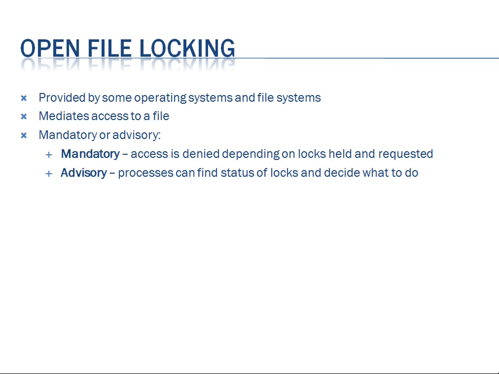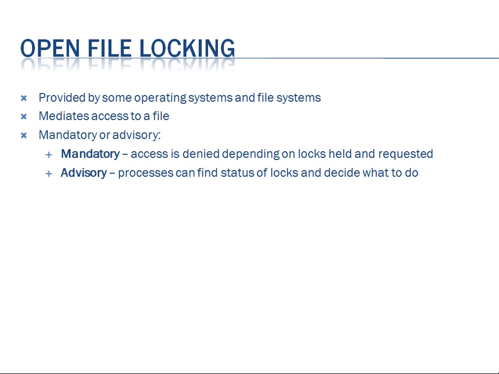Open file locking is provided by some operating systems and file systems. Open file locking mediates access to a file. When you are performing a lock over a file, it mediates access to that file. There are two types of locking: one is mandatory, the other one is advisory.